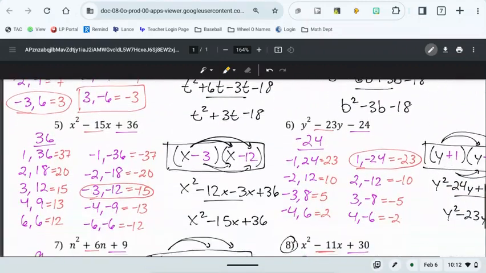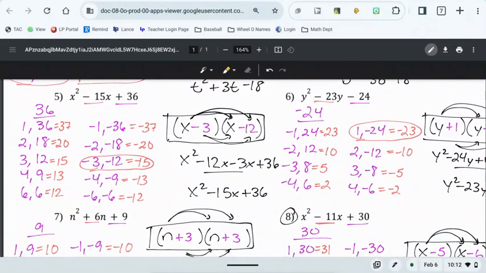Number 5. There are a lot of factors for 36, especially when you look at the positive times positive versus the negative times negative. But this is kind of the opposite of that one we just looked at, right? In that last one, we were looking for a positive number for B for the factors to add to. In this case, we're looking for a negative number, negative 15.